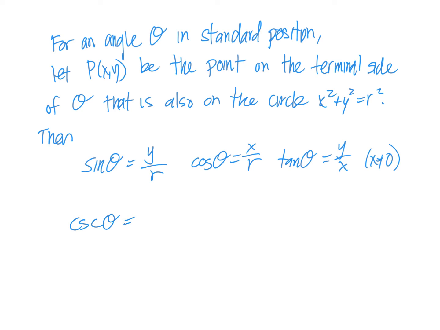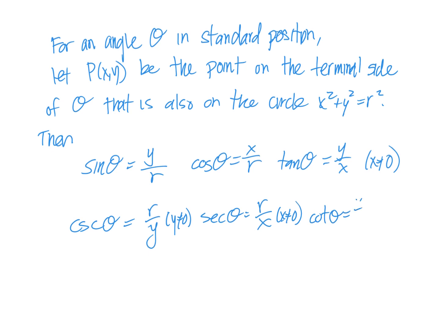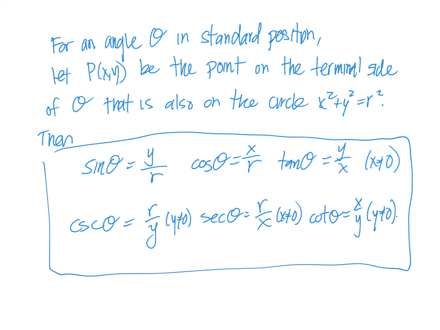Cosecant of theta is r over y, still the inverse, but we're assuming that y is not 0. Secant of theta is r over x, where x is not 0, and cotangent of theta is x over y, where y is not 0. So now we have our trig functions for any circle, not just a circle with radius 1 or the unit circle.